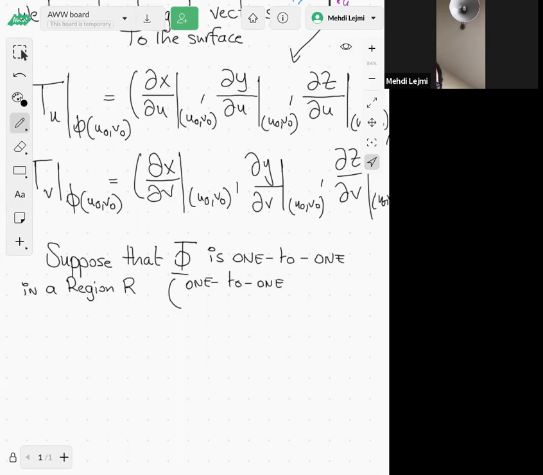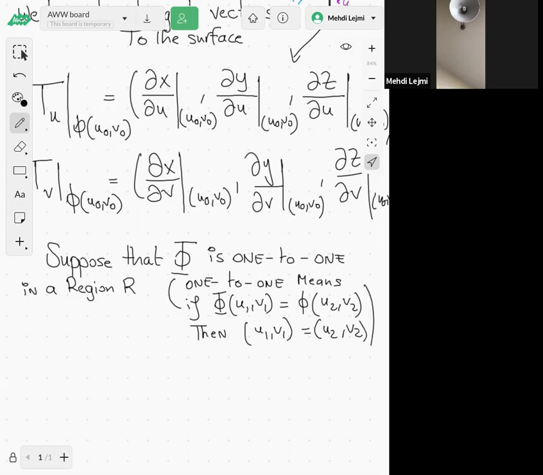So one-to-one means if phi of u1, v1 is equal to phi of u2, v2, so two points have the same image by the function phi, then they are equal. Then u1, v1 is equal to u2, v2. Okay. So we need this hypothesis, one-to-one, to check that the surface is smooth.